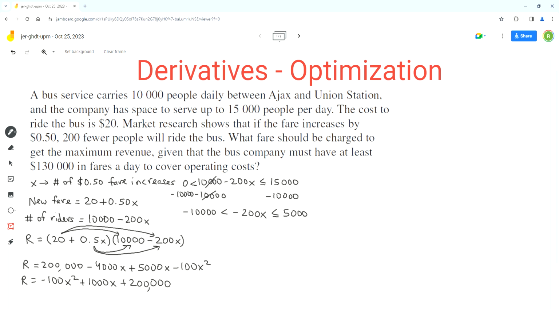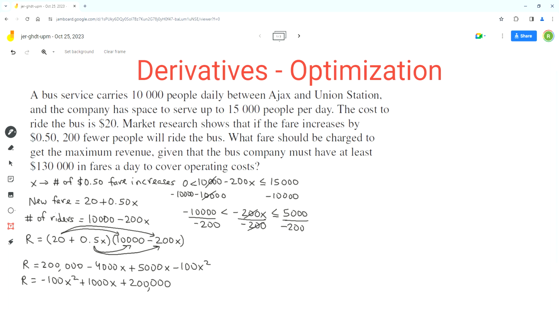Now we can divide each term by negative 200 to isolate x. The negative 200 in the middle will cancel out. Now whenever we multiply or divide an inequality by a negative number, the inequality sign flips.